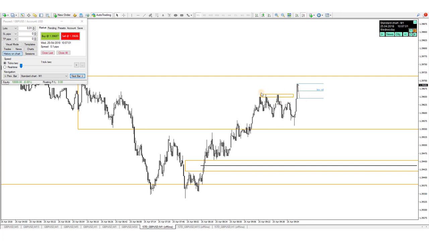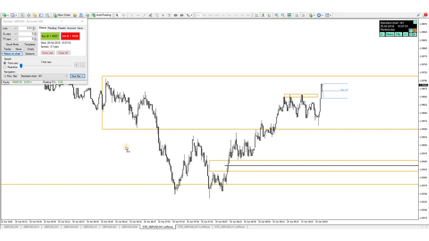So look guys, this looks like a break of structure, yes? This candle is breaking our highs. This candle perfectly reacted with the 50. But there comes the main thing.